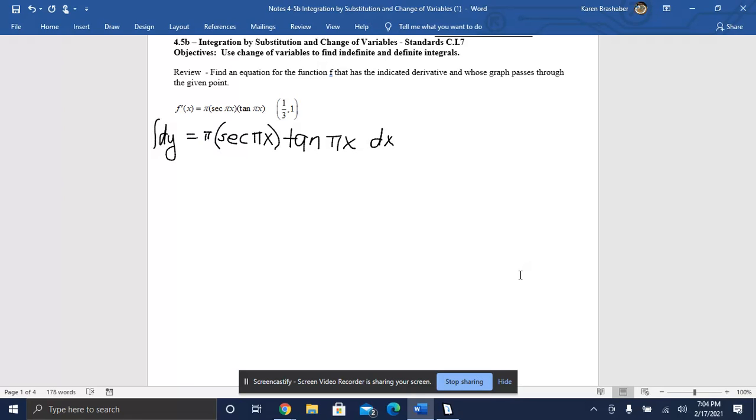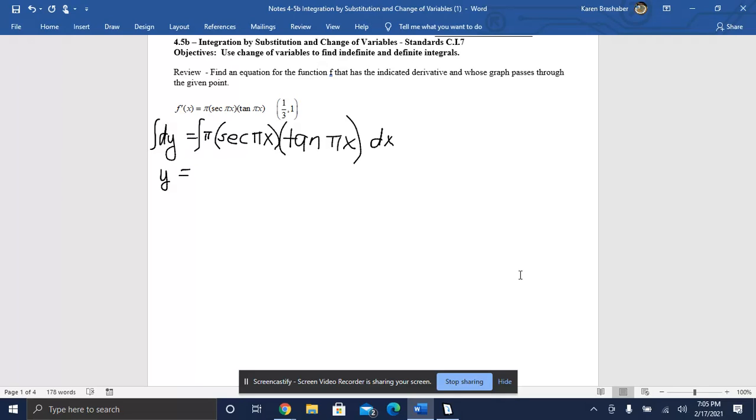And then we're going to integrate each side. So you see the process of solving a differential equation. So the integral of dy would be y equals, and then we have the integral of the secant of pi x times the tangent of pi x, and we do have pi dx.